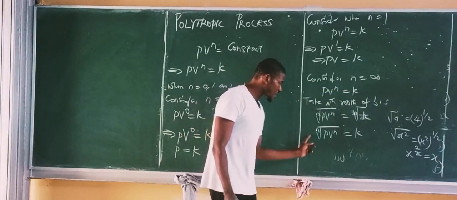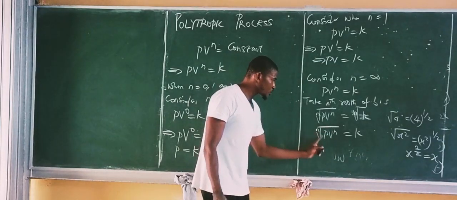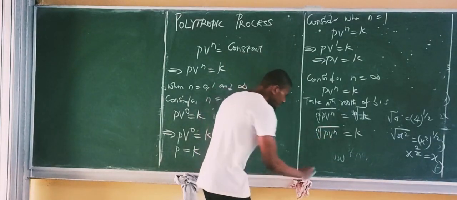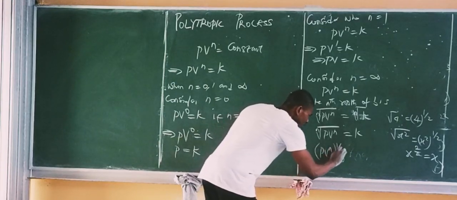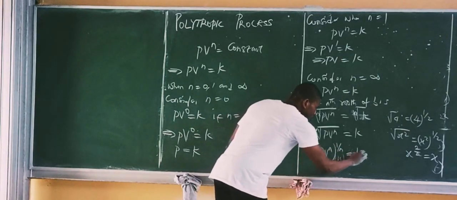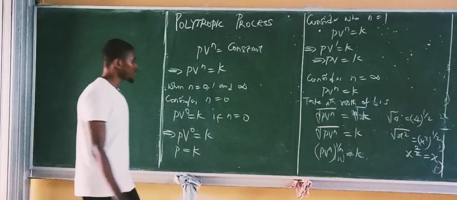So that means we can as well break this equation. The n-th root of PV to the power of n is simply PV to the power of n all to the power of 1 over n, and that's equal to K. Alright?